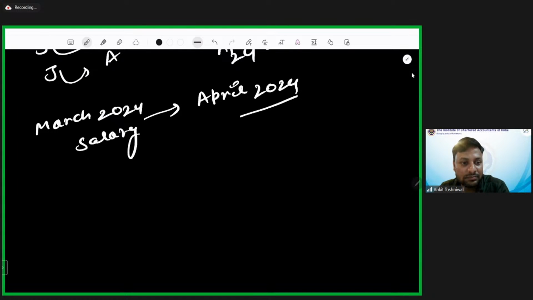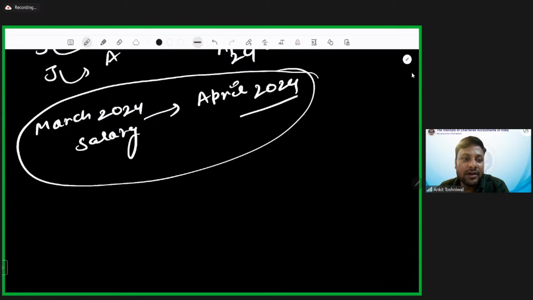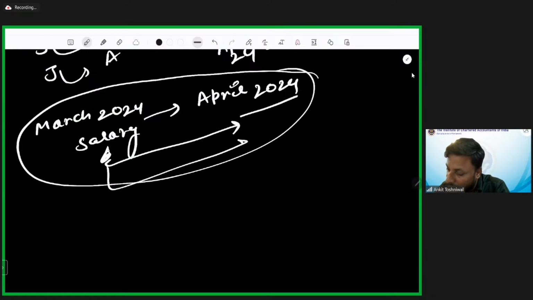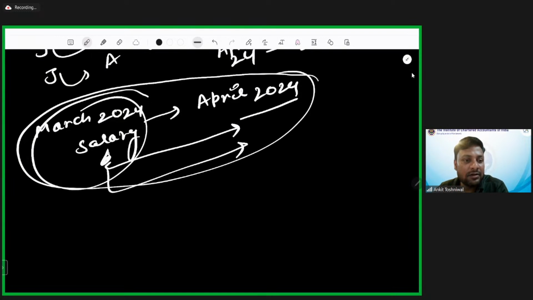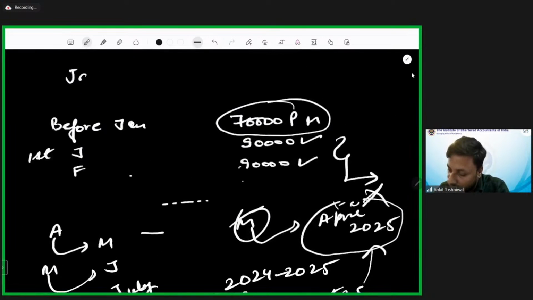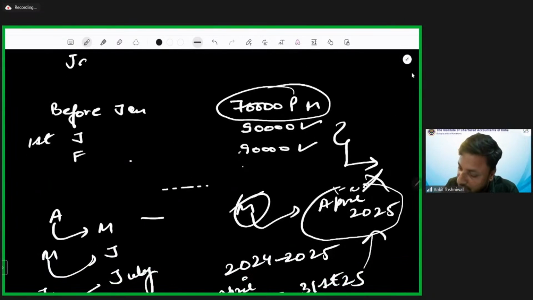Correct? So this comes under the purview of this financial year, because this salary becomes due in April, received in April. So it is taxable in this financial year. That's why I have to consider the salary of March also.